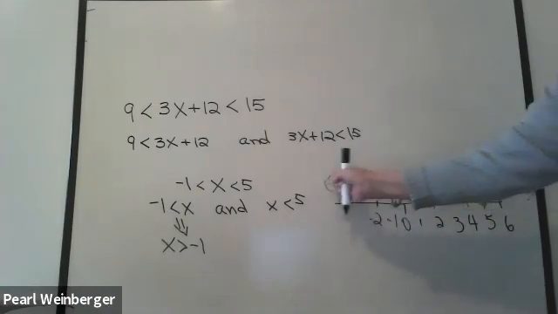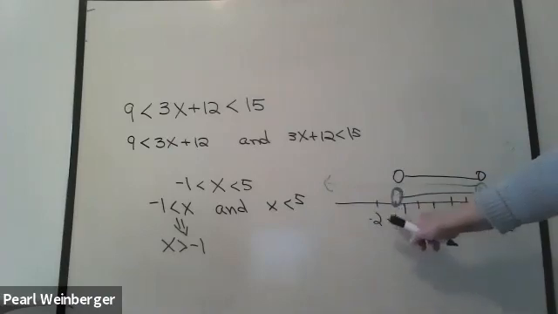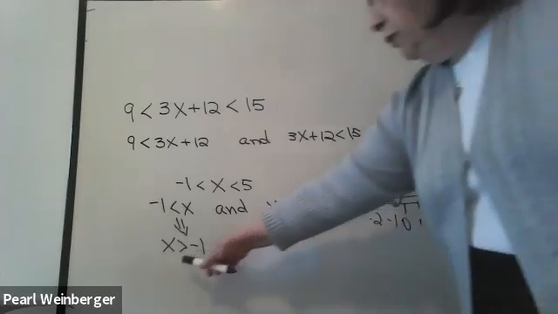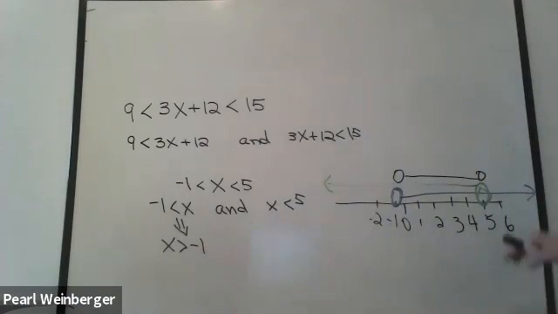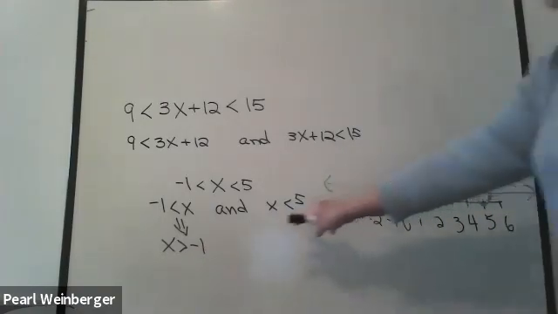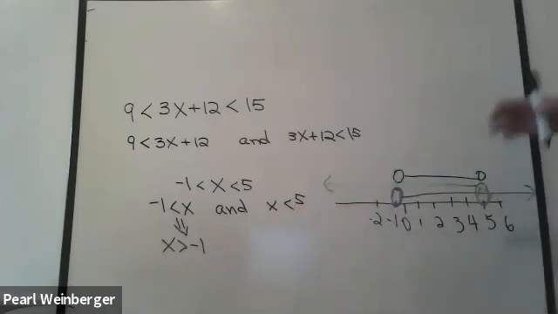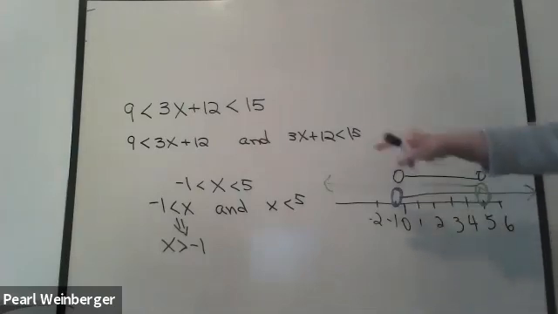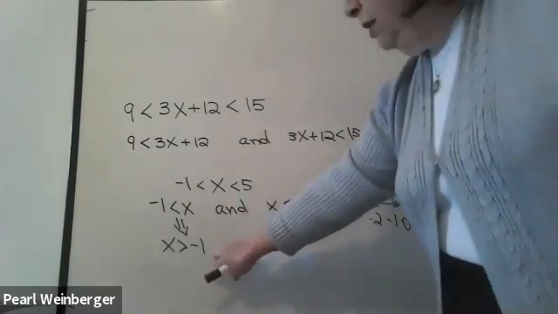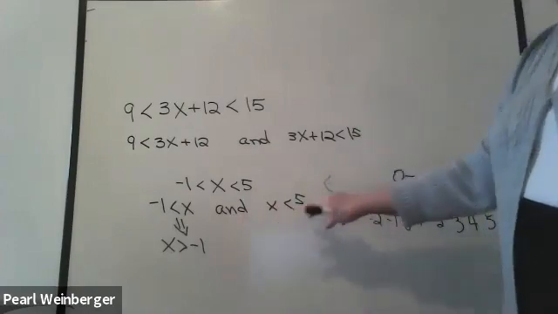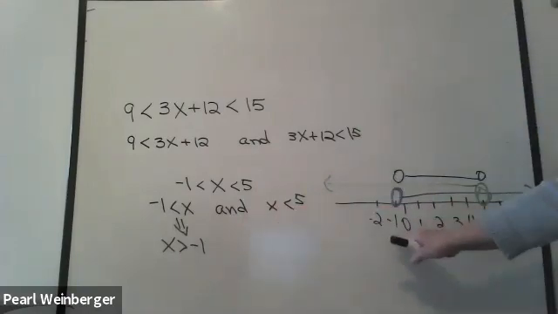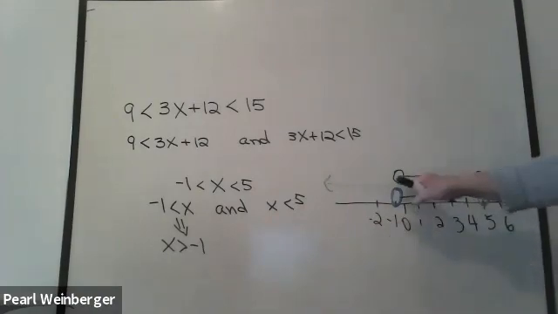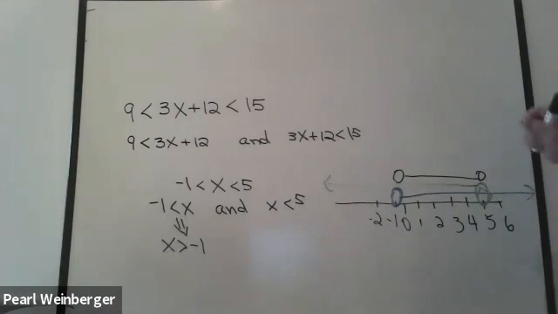I can't use the section to the left of -1 because that doesn't work for x greater than -1. I can't use the section to the right of 5 because that doesn't work for x less than 5. In order for both of these things to be true, on the number line it'd have to be between the numbers -1 and 5, those two numbers.